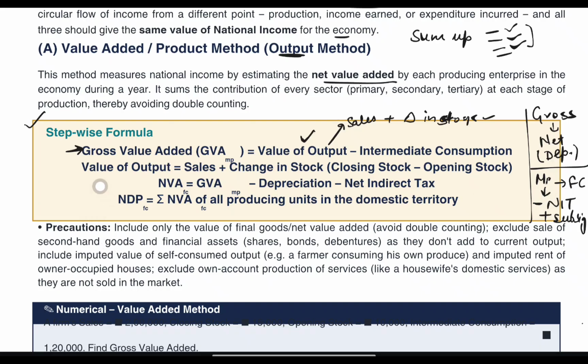So what is the main definition of this formula? NDP at factor cost is equal to the net value added of all producing units in the domestic territory.